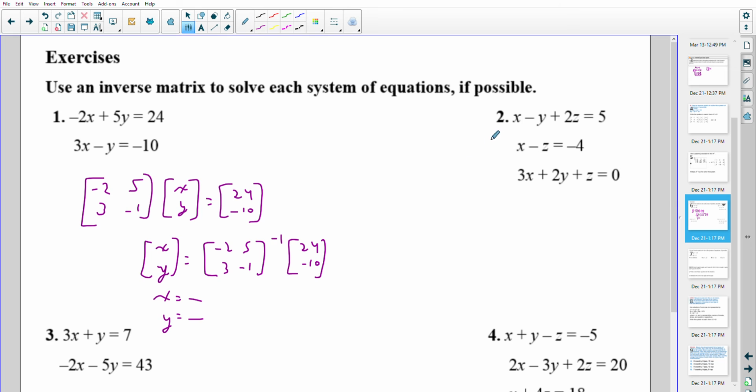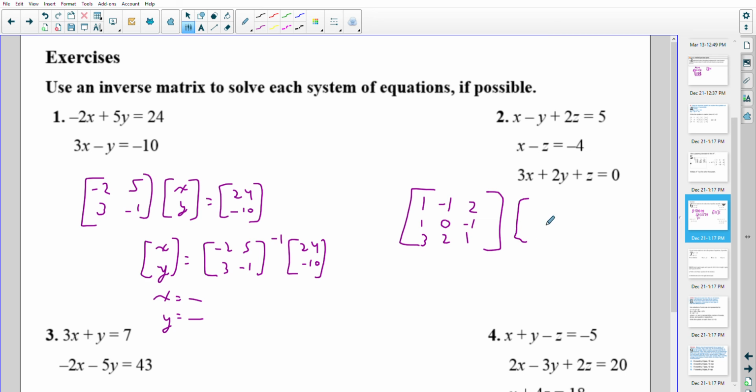So again, setting this up, you're looking at writing down the matrices in the correct order with the coefficients. Now, if there isn't a y term in here, you have to put a placeholder of 0. So because it's 0y, and this is -1 times z. 3, 2, and 1.